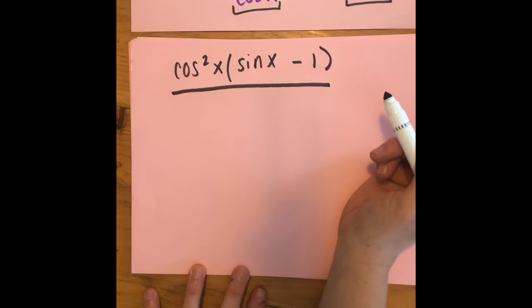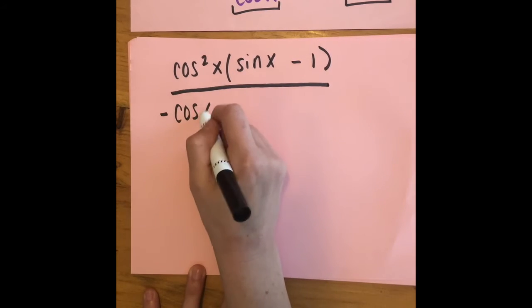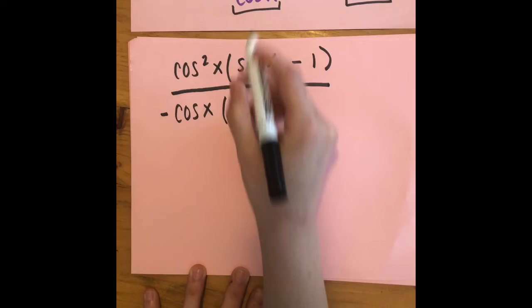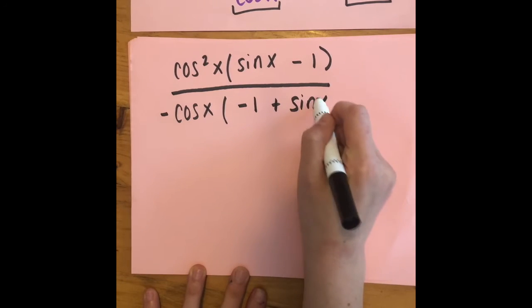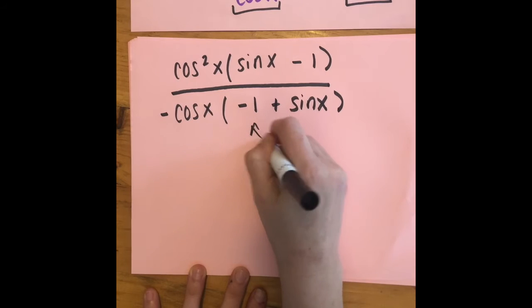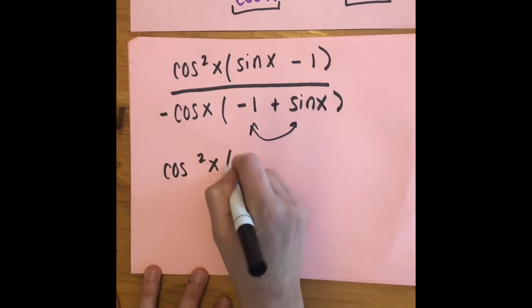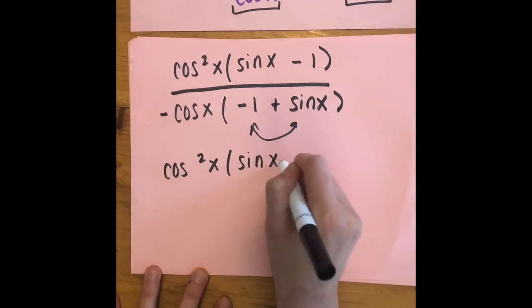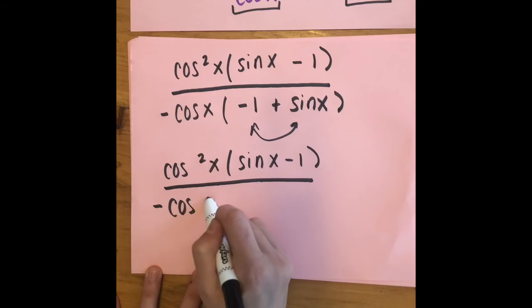And if I factor out a negative cosine x here, I'm left with a negative 1 plus sine x, which we can rewrite that, and we get cosine squared x, sine x minus 1 over negative cosine x, sine x minus 1.